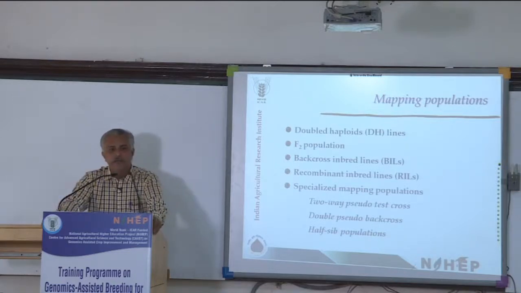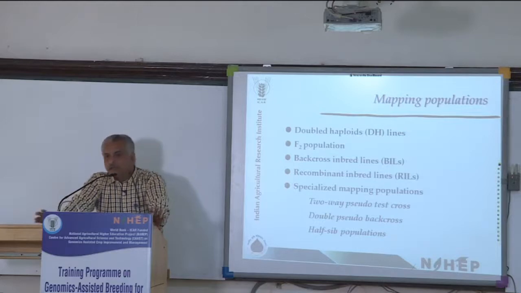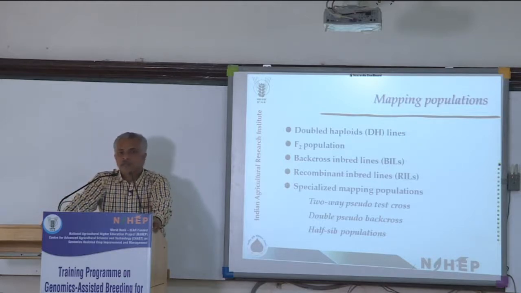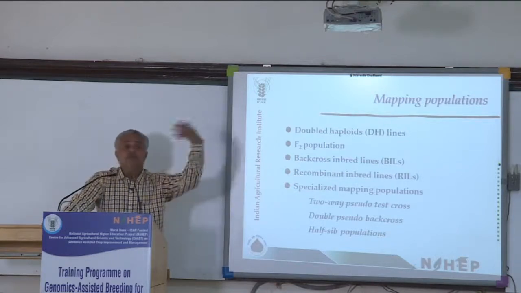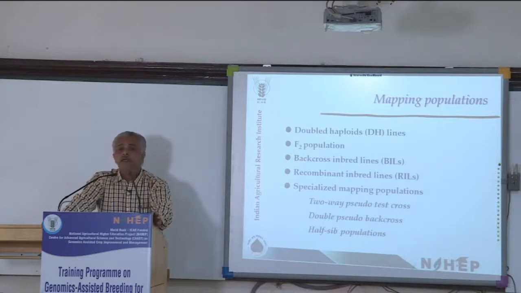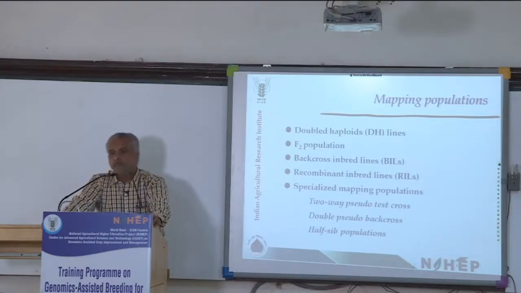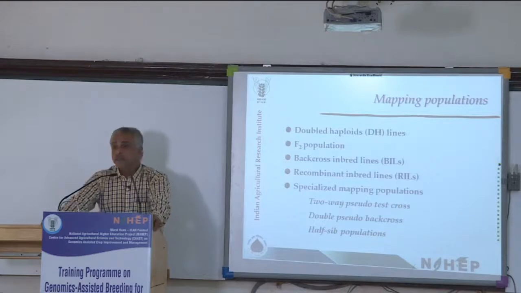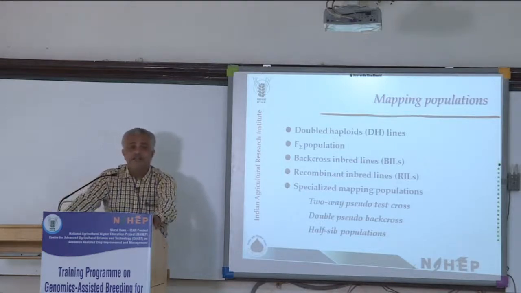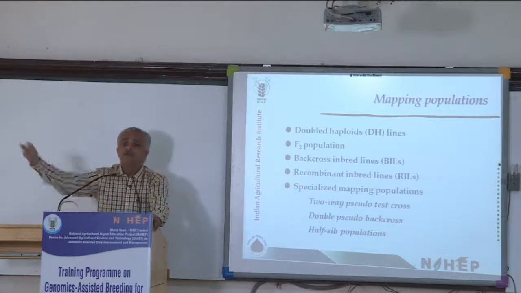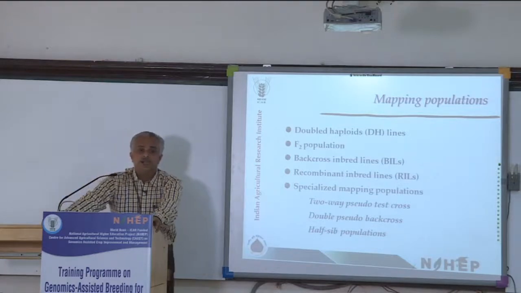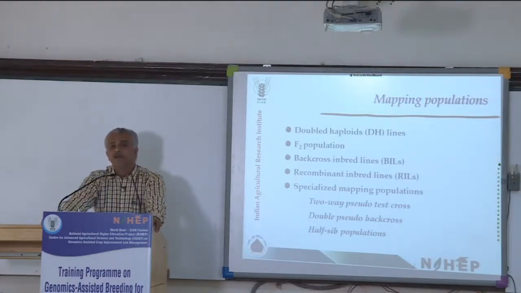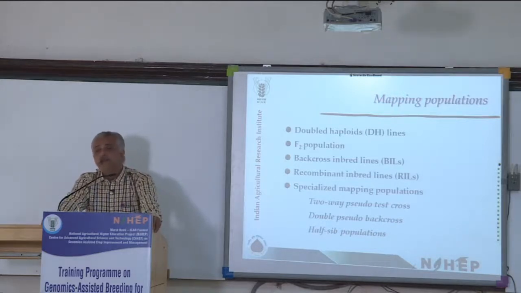Now there is a confusion here. You have your traits, and you know how the traits are segregating in the population. You also have several polymorphic markers segregating between the progenies. You have one trait segregating between the progenies and several markers segregating between the progenies. Then I want to identify the marker or the gene which is segregating along with the trait.